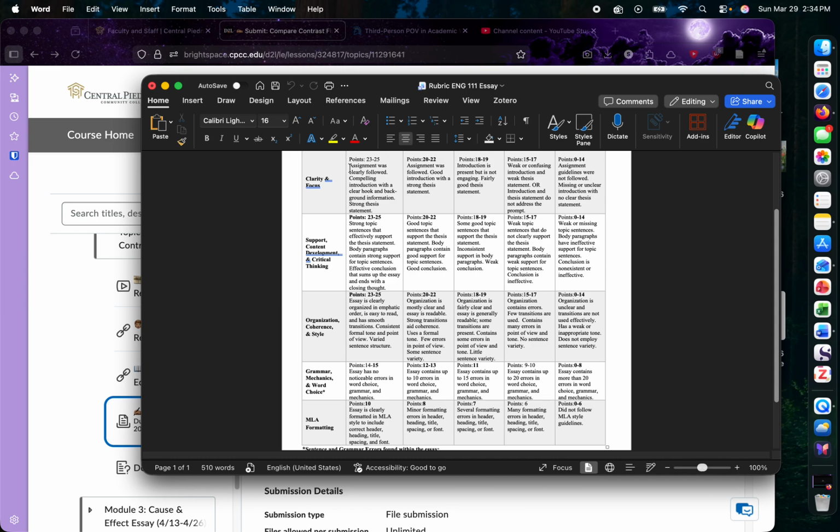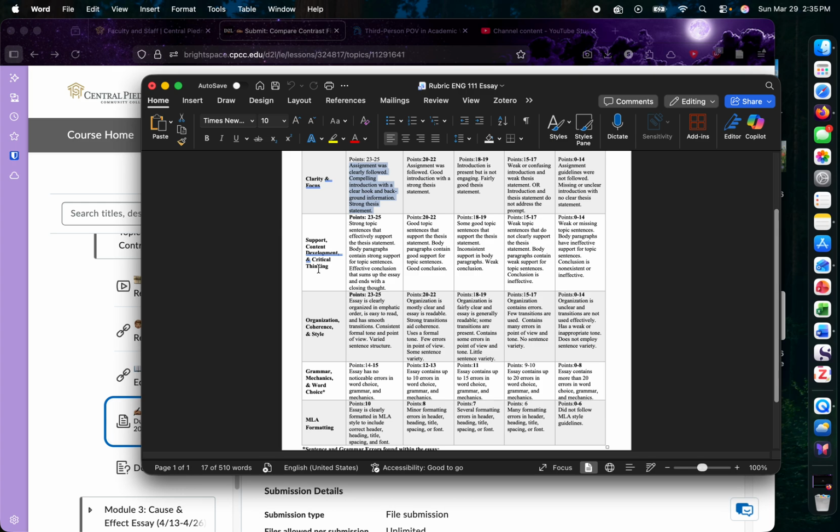And this tells you exactly what needs to happen for your clarity and focus to fall within that 23 to 25 point range. You need to clearly follow the assignment. Make sure your introduction has a hook, some background information, make sure it's compelling, and make sure that it has a strong thesis statement.